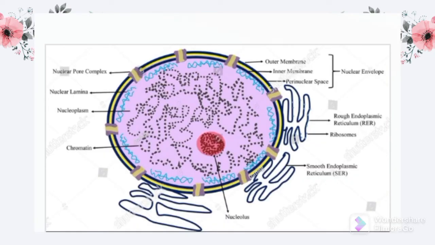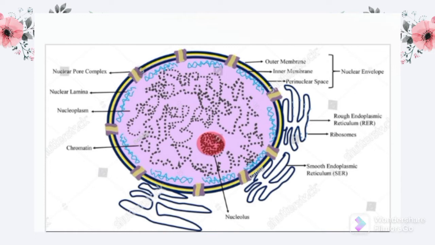Look at the structure of the nucleus. Here the two membranes are present, the outer membrane and inner membrane, and these two membranes are combinedly known as the nuclear envelope. So the nuclear envelope surrounds the nucleus, but this is a double membranous structure.